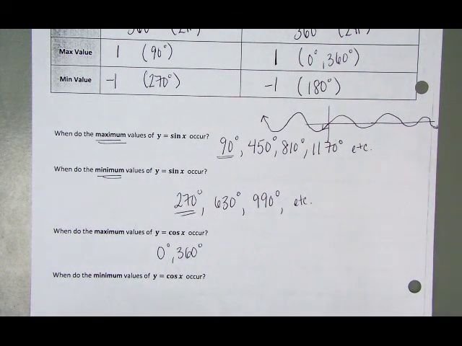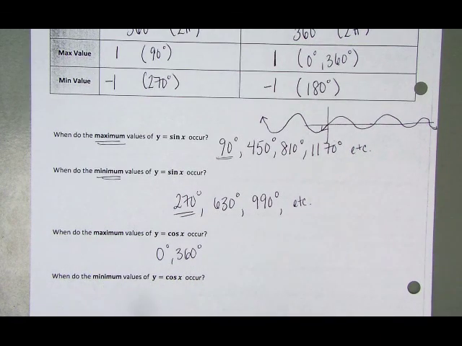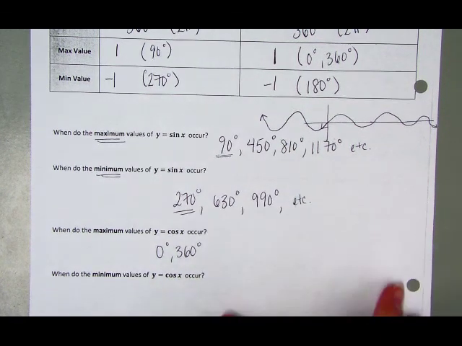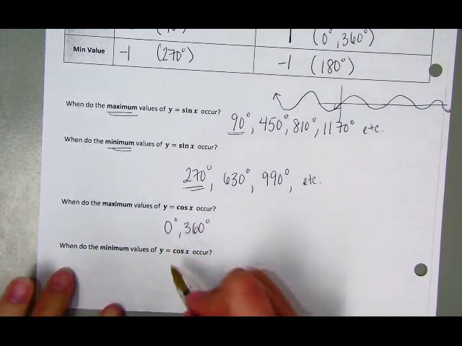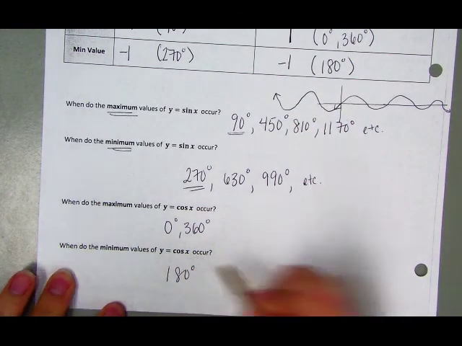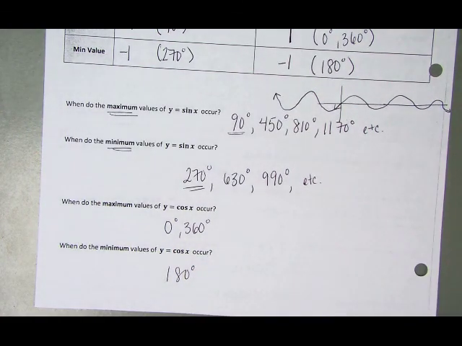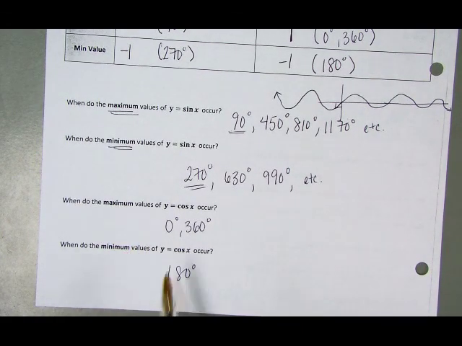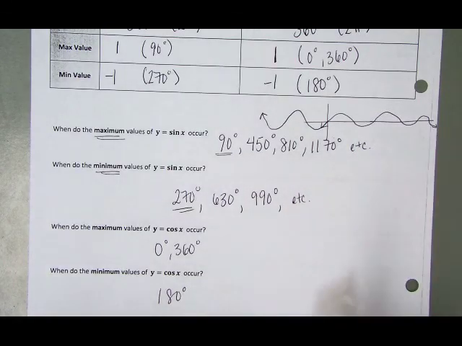So I could keep adding 360 on and continue to grow those maximum values just like I did above. Same idea, I have a minimum value of cosine at 180 degrees, but I could continue adding or subtracting 360 and I would also get maxes and minimums of our cosine function if we continue on the same type of graph.